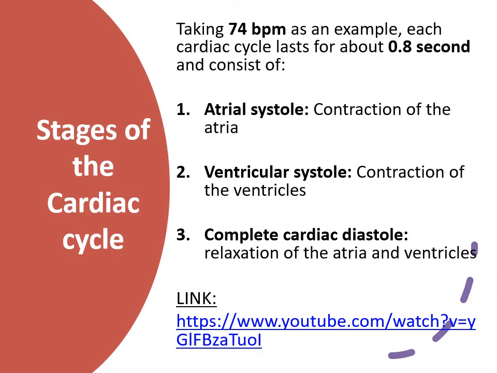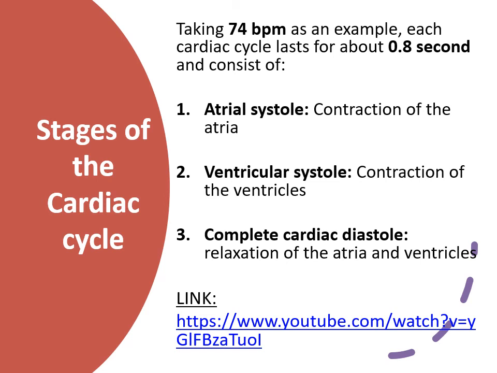For example, if you take the heart rate as 74 beats per minute, each cardiac cycle usually lasts for about 0.8 seconds. It will consist of three stages. One is the atrial systole, second is the ventricular systole, and third is the complete cardiac diastole. As we already discussed, what is systole? Systole is the contraction of the heart.